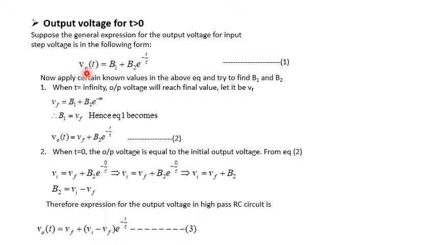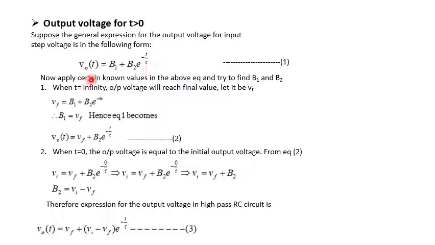Suppose that the nature of output voltage is given by equation 1, where V naught(t) is the output voltage at any time t. It is of the form B1 plus B2 e raised to the power minus t upon tau, where B1 and B2 are constant unknown quantities and tau is the time constant of the RC circuit. Therefore, the time constant tau is equal to R multiplied by C.